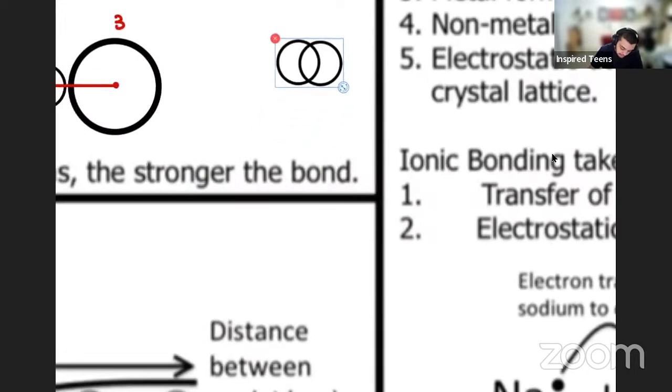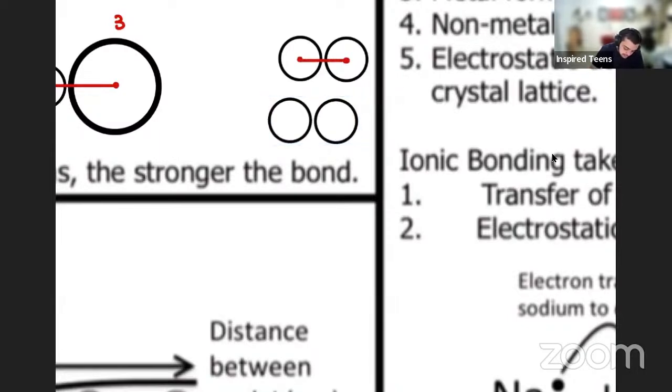So we can compare again atoms of the same size. Let's just say we're comparing these two. But now, if we have a single bond between them compared to a double bond. That's not exactly how a double bond would look, but just for the sake of understanding, I'm going to draw it like this.